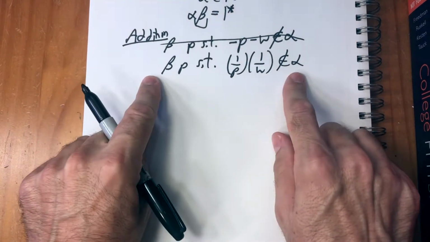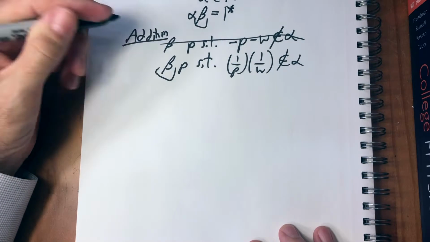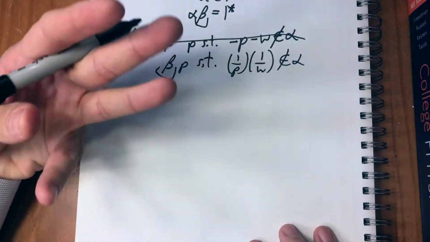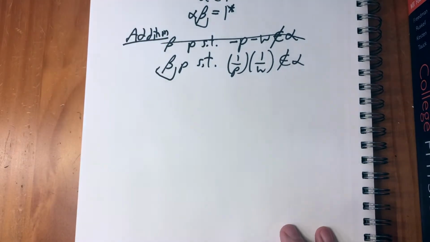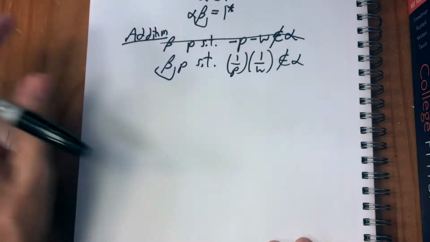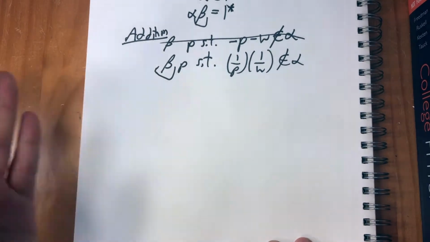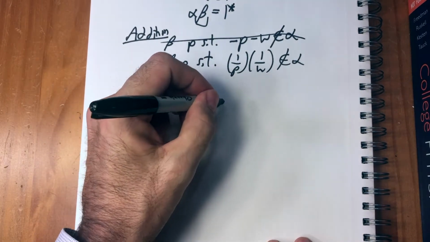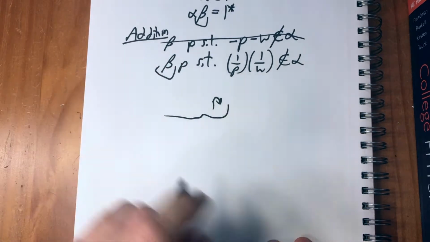So with this definition in mind, we ended the last video by looking at beta and proving that it is in fact a cut. So we proved the 3 properties of cuts: they're not empty; if there's one element in the cut, then everything less than that element is also in the cut; and for any element in the cut, there's another element larger that's still inside the cut.